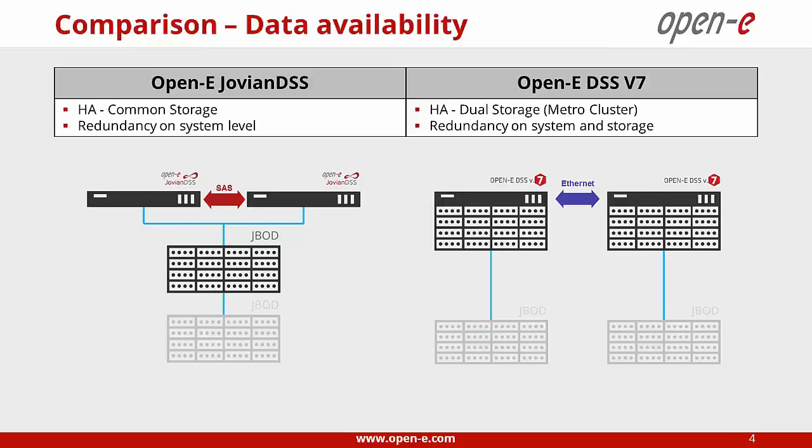Both cluster nodes have a SAS HBA inside, and in the JBOD you need to have SAS disks, so it doesn't matter if this is SSD or hard disk, everything needs to be SAS. On the DSS v7 side, there was no such requirement, because there we have DRBD replicated storage. And in this case we use so-called shared storage.